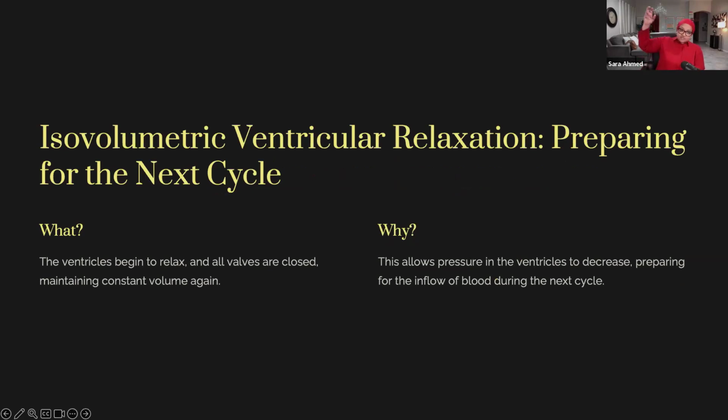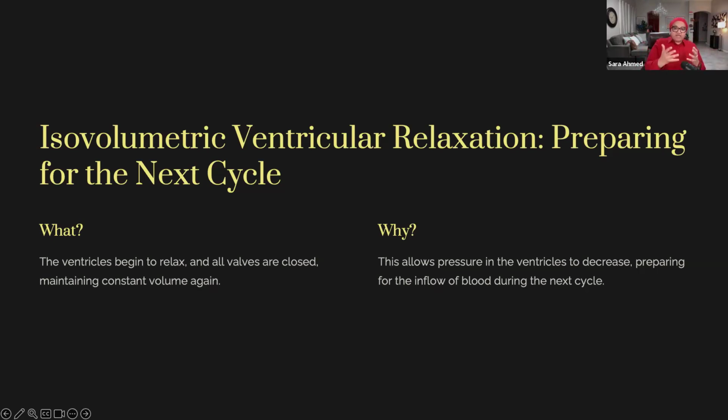The earlier isovolumetric ventricular contraction was a phase intended to build up pressure, to overcome the pressure of the aorta so that we have enough pressure difference to open the aortic valve, and here to open the pulmonary valve on the right side. Now, these valves opened, we ejected the blood.